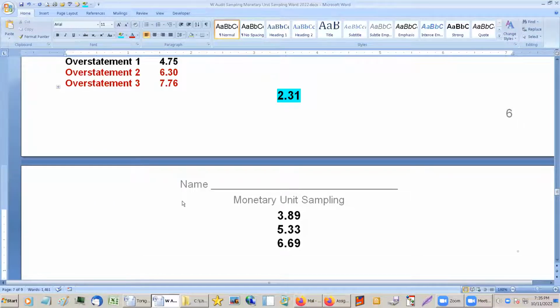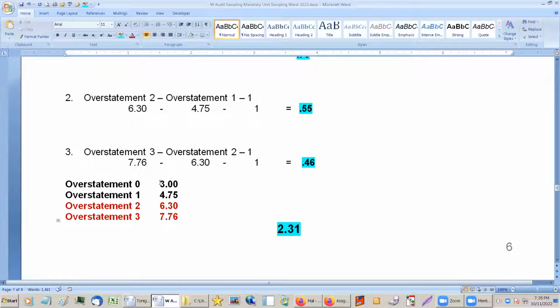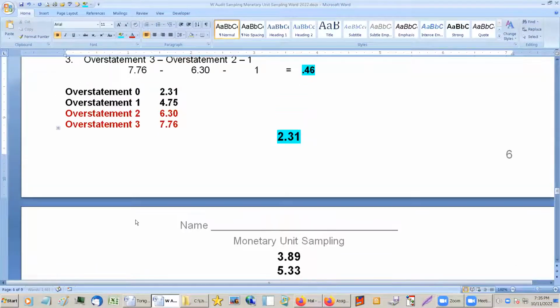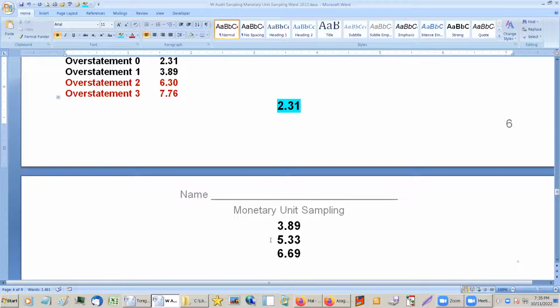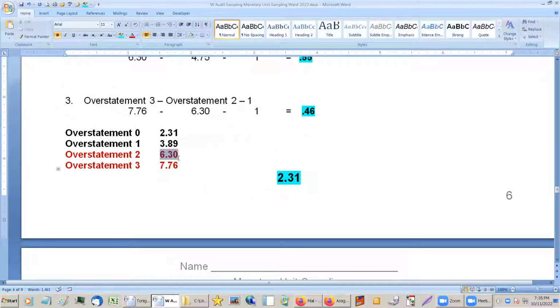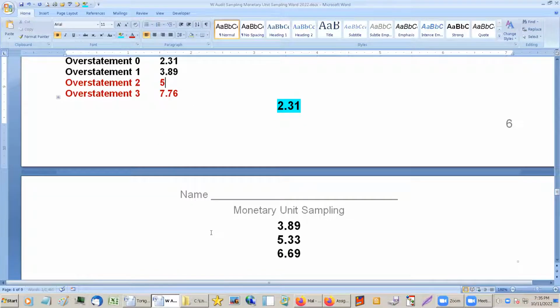Okay, new plan. I'm just going to type these in. So 2.31, 3.89. And see, this would be a very easy table to make separately. Again, if I ever get a book.